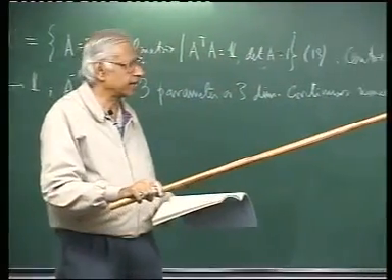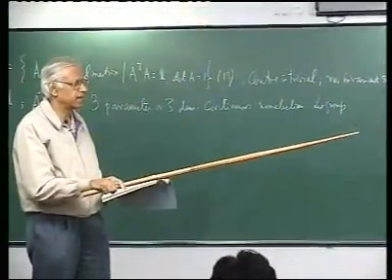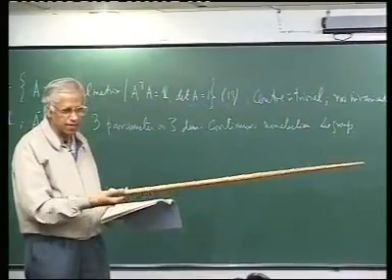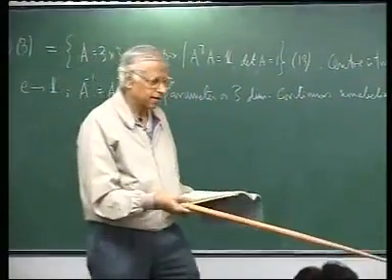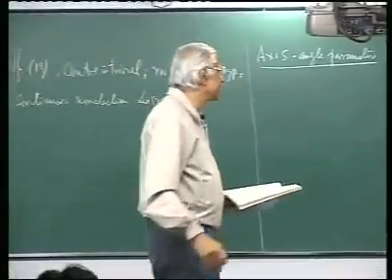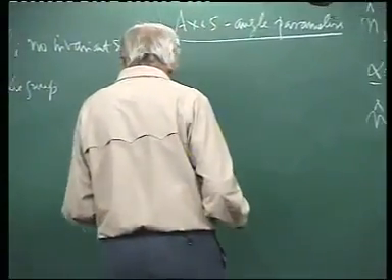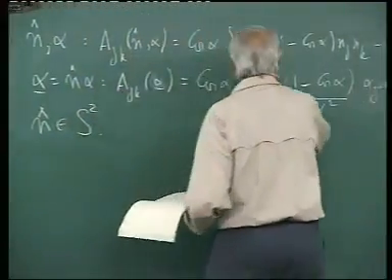I am saying that I may make a rotation by amount alpha, keeping n fixed. In principle, how far can I go? 0 up to 2 pi. However, as you said, it's not necessary to go all the way to 2 pi. What is the reason for that? You look at this expression.